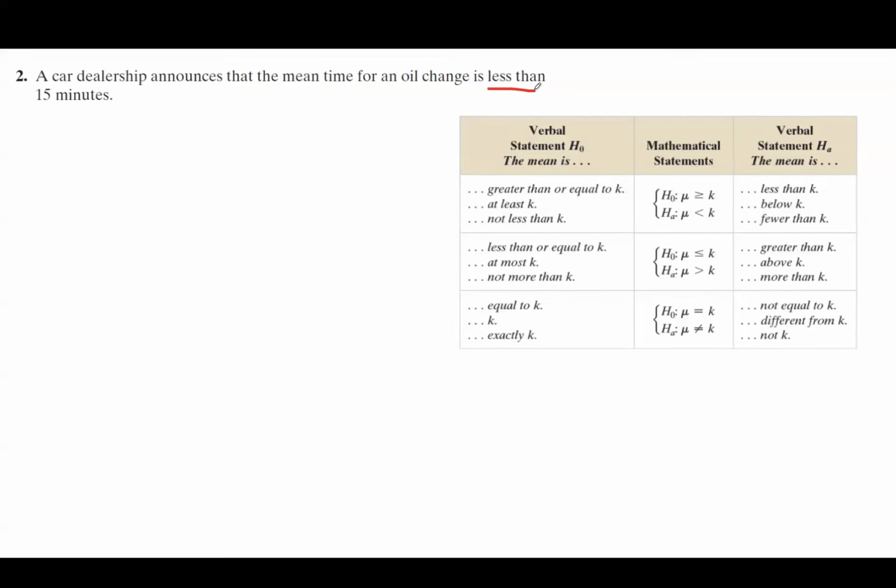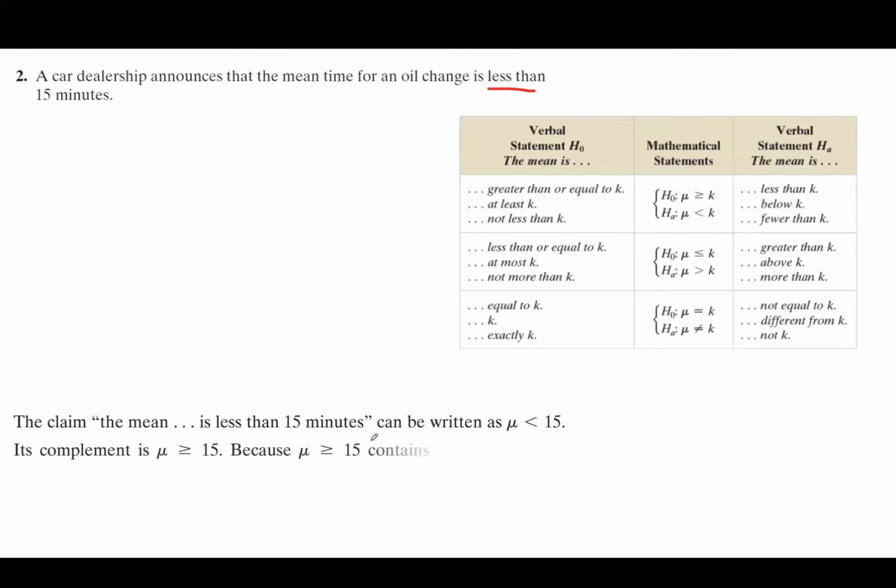Less than, fewer than. The claim, the mean is less than 15 minutes can be written as mu is less than 15. Its complement is mu is more than or equals to 15. Because mu or mean is more than equals to 15, it contains the statement of equality.